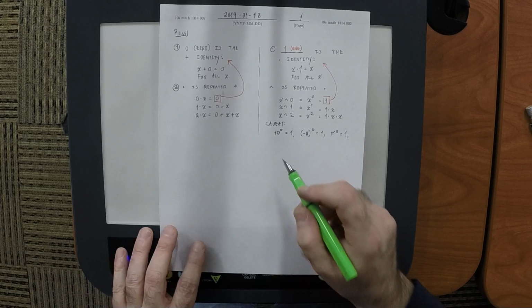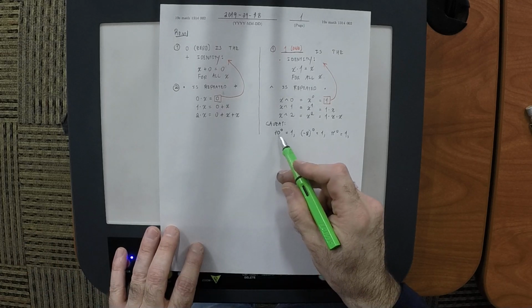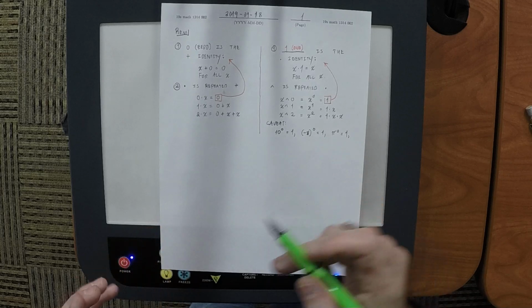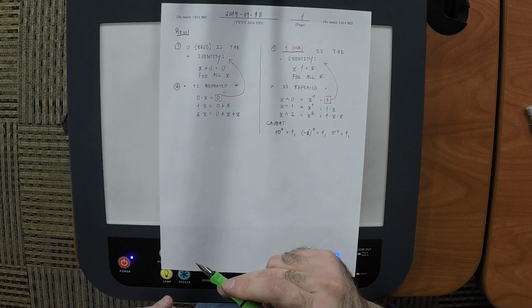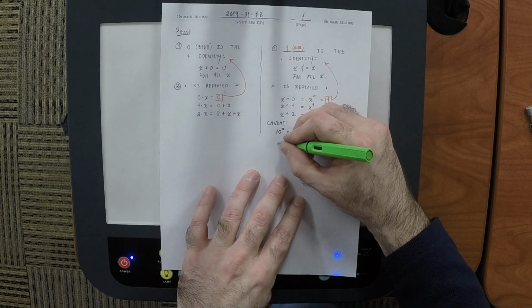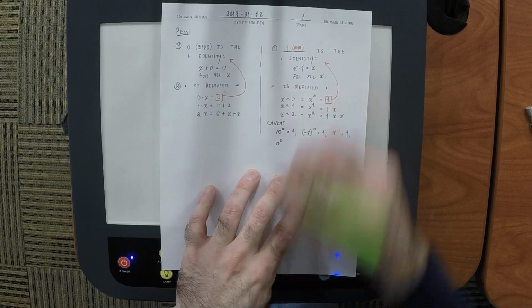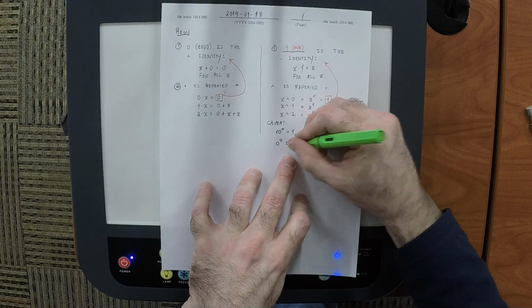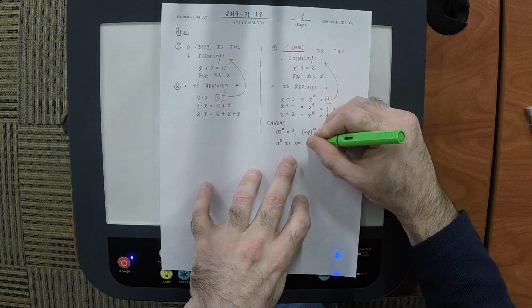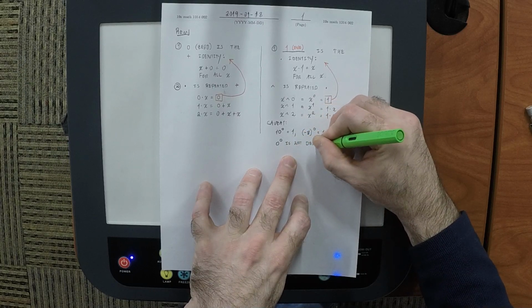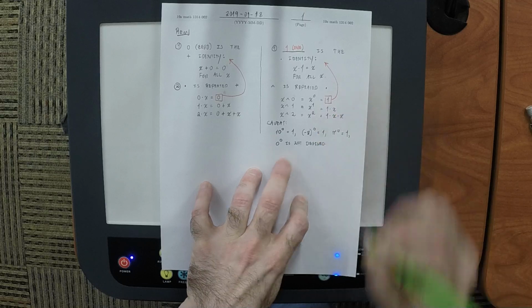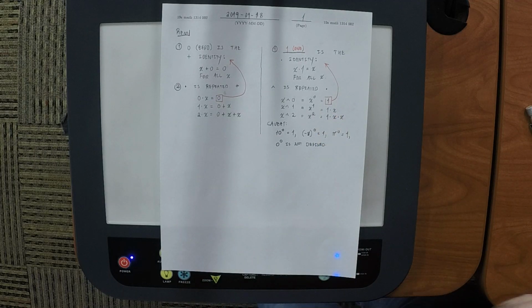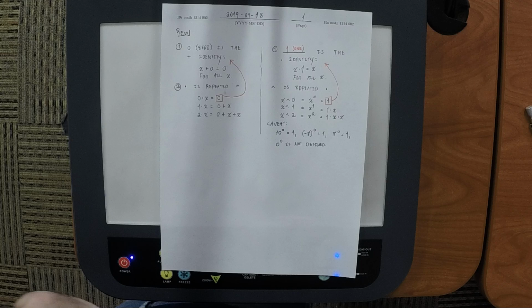But there is something that I can't write there and have it work. And what won't work? 0. So 0 to exponent 0 is not defined. The reason why it's not defined is not beyond our reach.